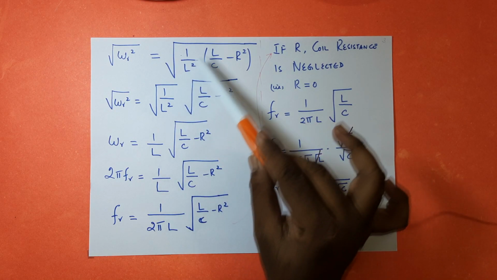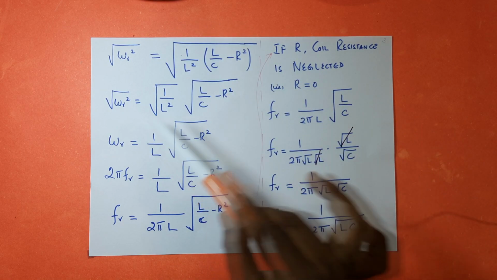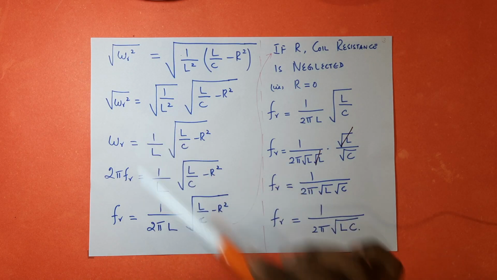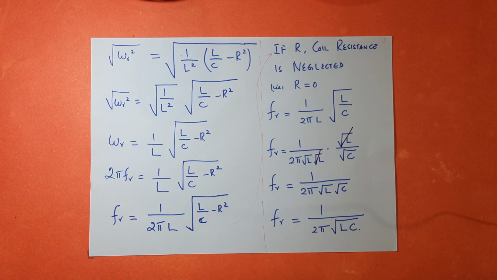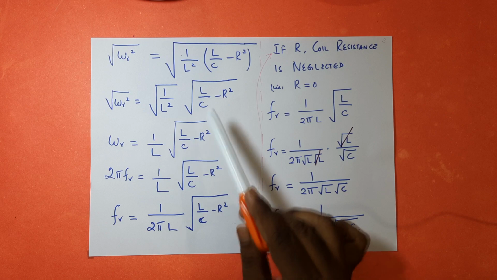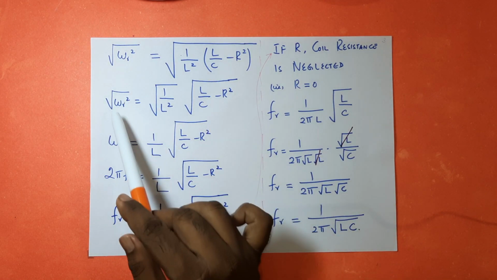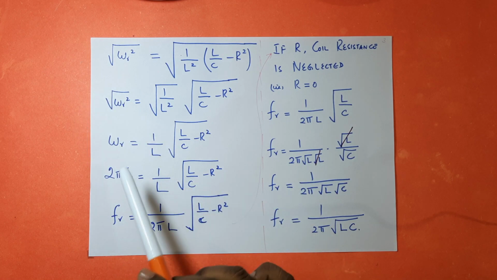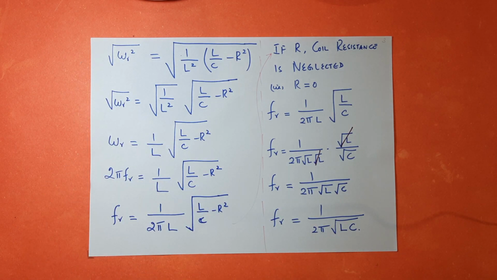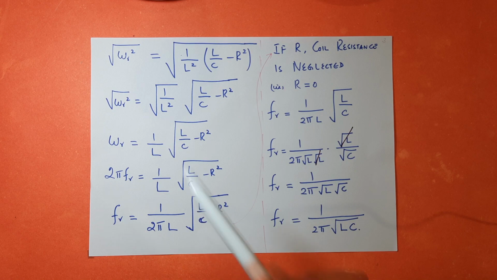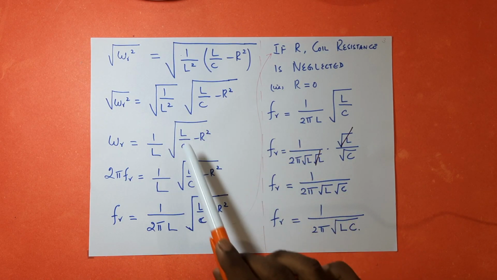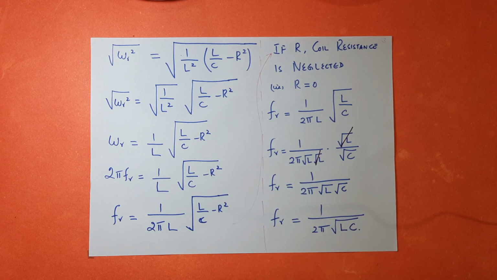Now you split this square root into 2. Square root of 1 by L square multiplied by square root of L by C minus R square. So if you take the square root, you will get omega r. Here also 1 by L, square root of L by C minus R square.